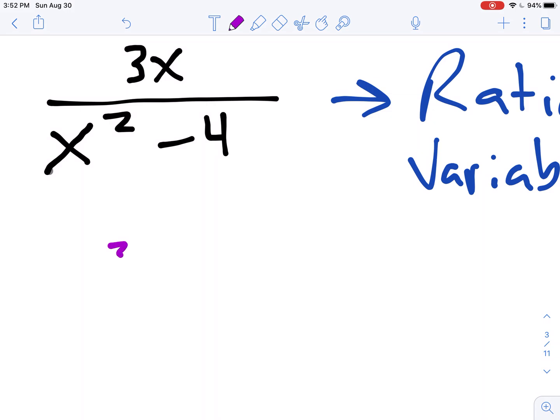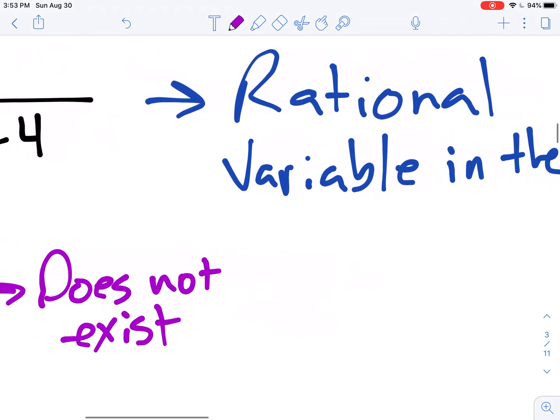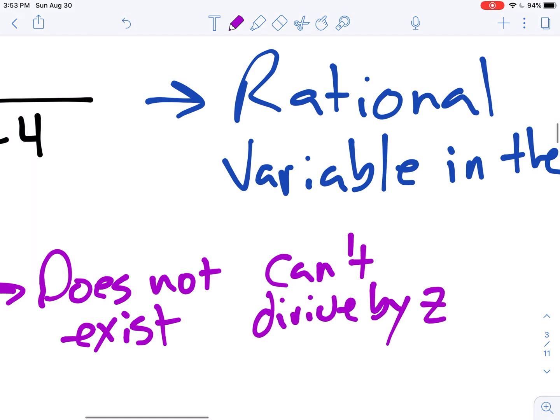If you've got 3 divided by 0, that does not exist. We can't divide by 0. That's like saying, take this number and divide it up into 0 parts. It's impossible to divide something up into 0 parts.